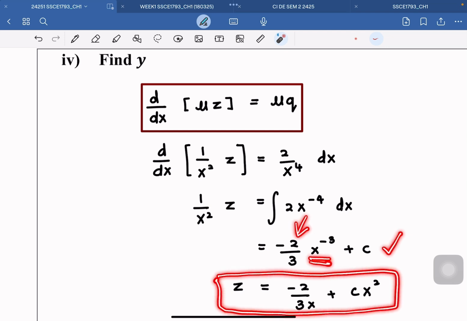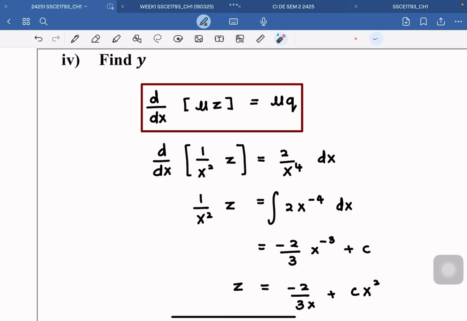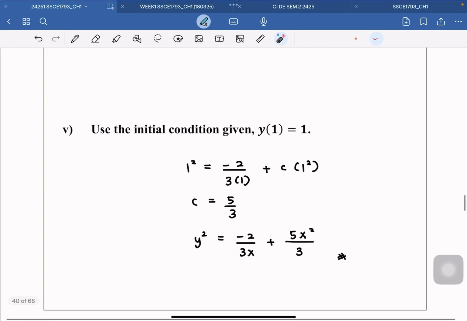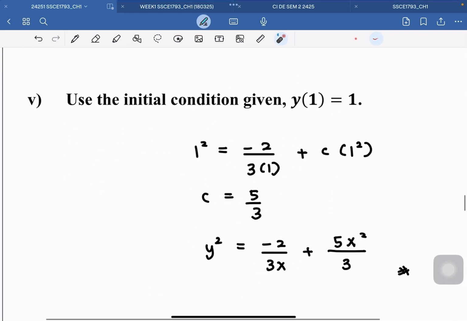So now the equation of z is negative 2 over 3x plus cx squared. Then substitute back z equal to y squared, so y squared equals negative 2 over 3x plus cx squared.